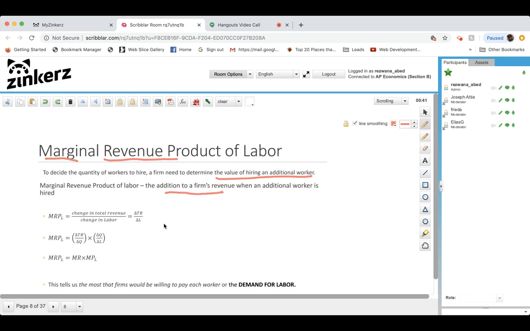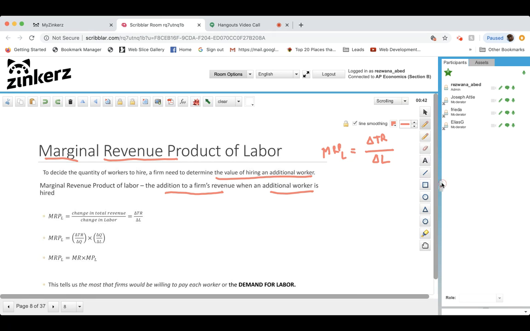Okay, so as a definition, the marginal revenue product of labor is just the addition to a farm's revenue when they hire an additional worker. The shorthand for the marginal revenue product of labor is MRPL. So it's the change in the total revenue for a farm divided by the change in labor.